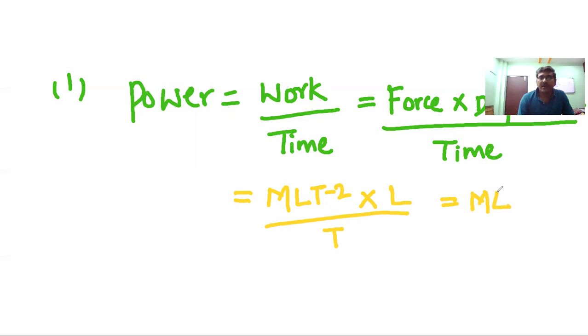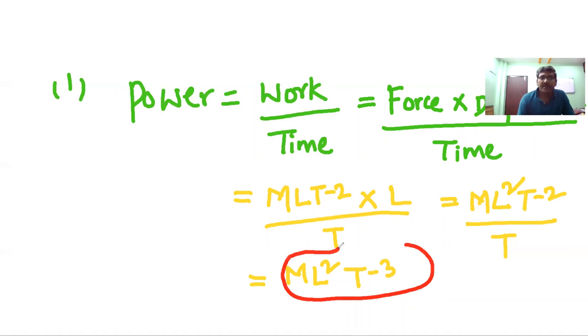So M L square T minus 2 is the work dimension formula, divided by the time T. So power comes to be M L square, and if this T comes up in the numerator side, it is T minus 3. So this is the dimension formula for the power, M L square T minus 3.